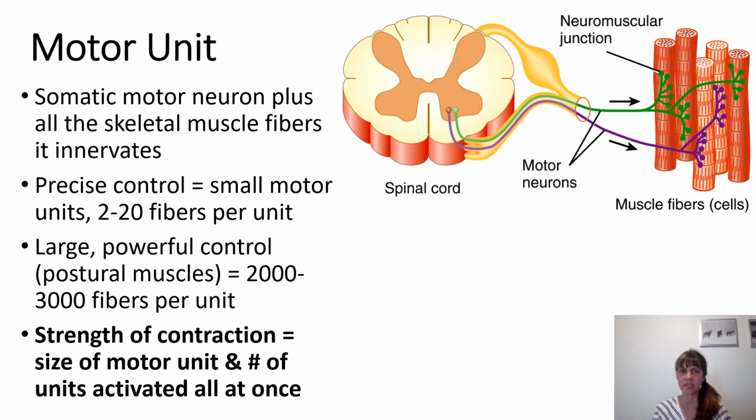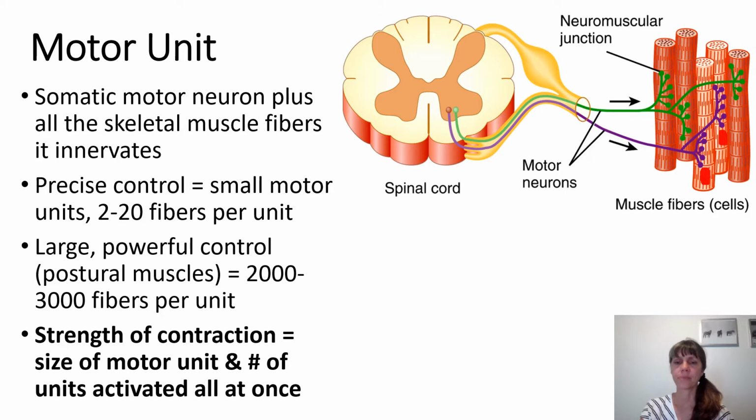Remember, a motor unit is one somatic motor neuron plus all the skeletal muscle fibers it innervates. If you look at the purple motor neuron and follow it to the end, you will notice that it innervates this skeletal muscle fiber and this skeletal muscle fiber.